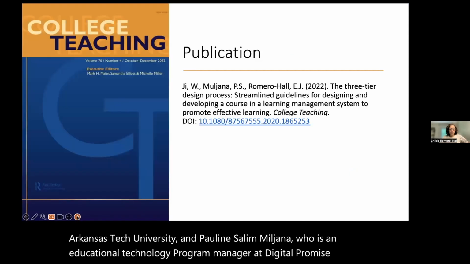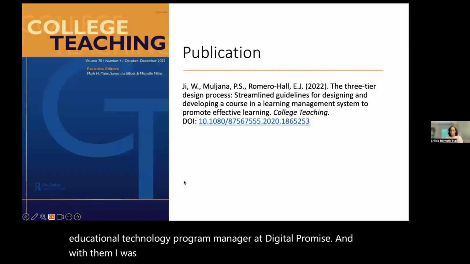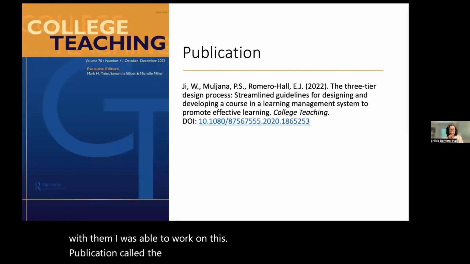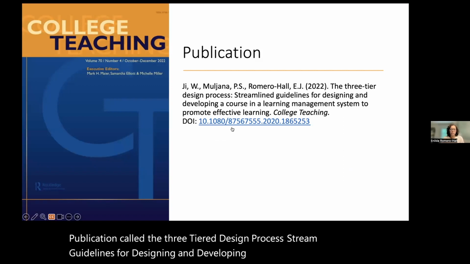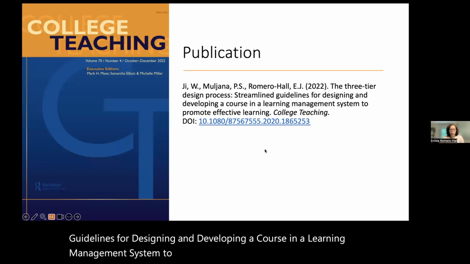And with them, I was able to work on this publication called the three-tier design process, STREAM guidelines for designing and developing a course in a learning management system to promote effective learning.